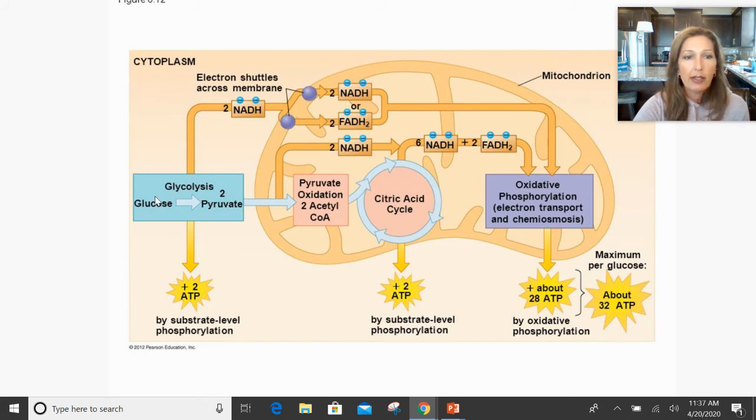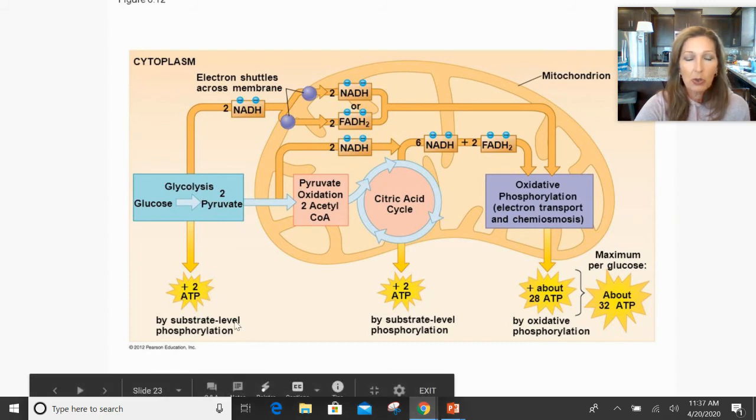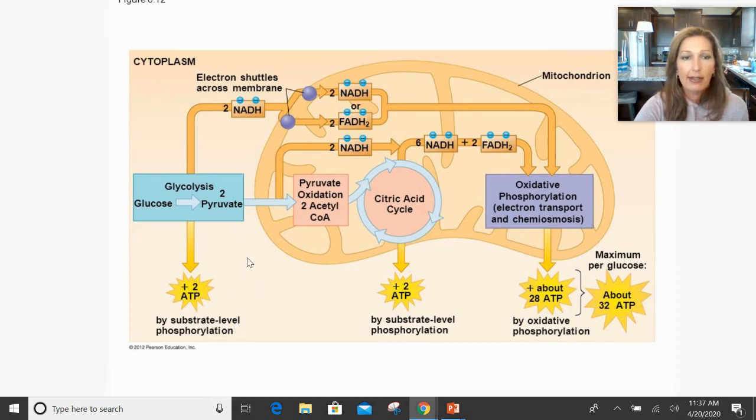And in this process of breaking glucose into 2 pyruvates, in this catabolic reaction, I'm producing 2 ATP molecules. These ATPs are produced through substrate level phosphorylation, meaning through direct enzyme interaction, through those collisions that are happening in the cytosol. And remember that this whole process is a huge oxidation reduction reaction.